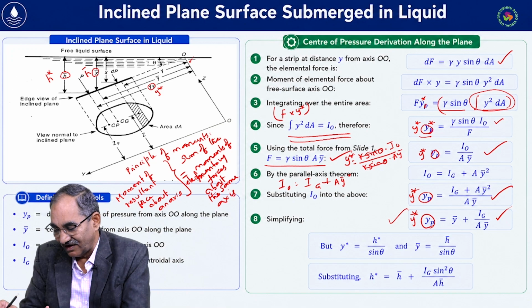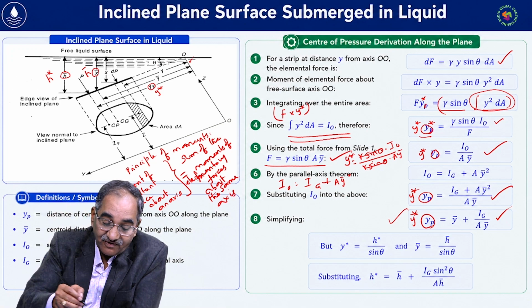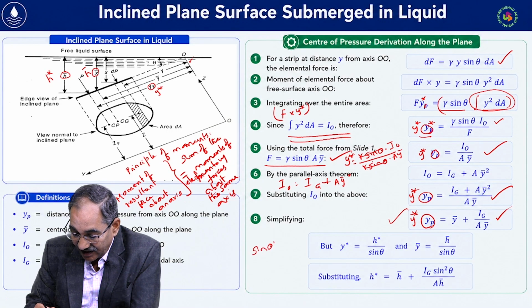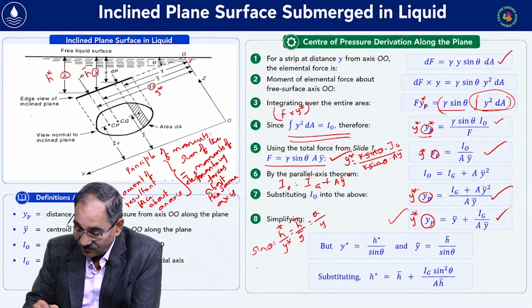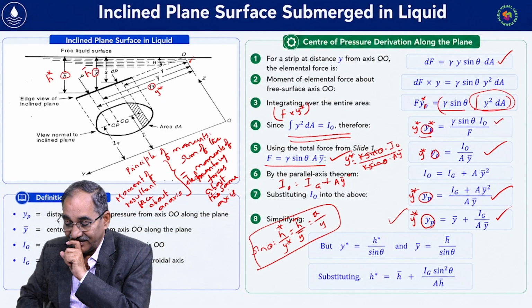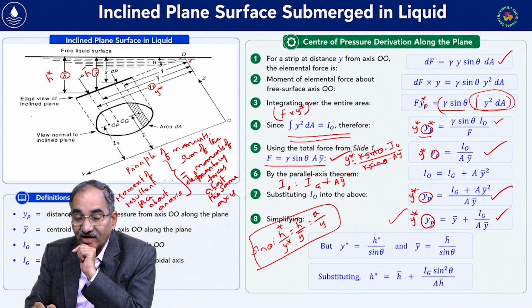So at the end, suppose sine theta is equal to h star divided by y star, which is equal to h bar divided by y bar, and also equal to x by y. With this, every conversion is possible: y bar, y star, x, h bar, h star.